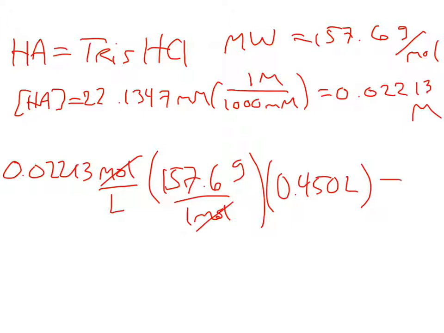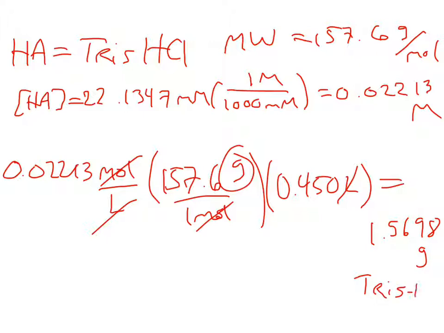And that should give us our grams as our unit. So 157.6 times 0.450, we get 1.5698 grams. Our balances can go out to 4 decimal places. So that is how much Tris HCl we're going to need.